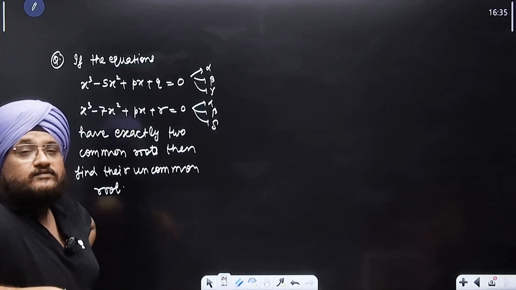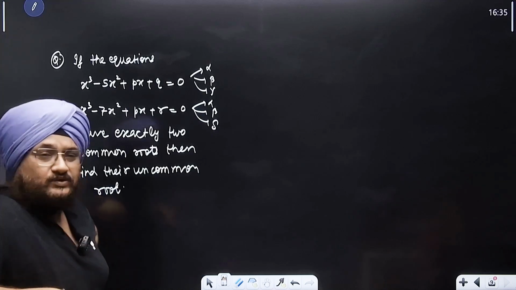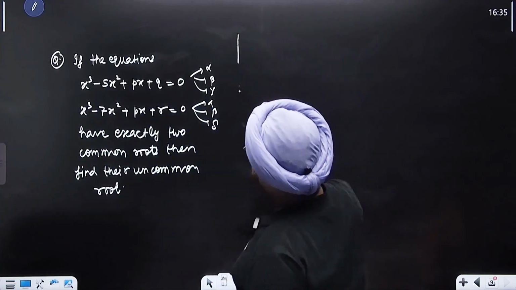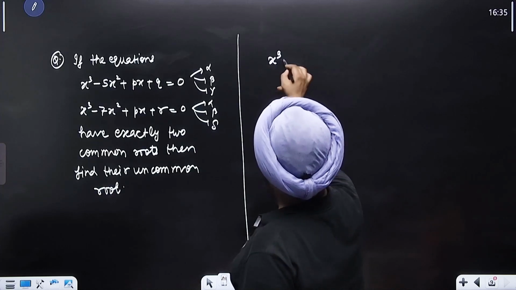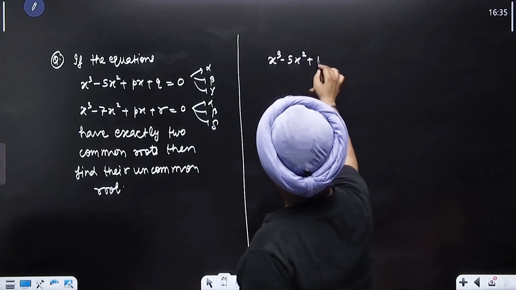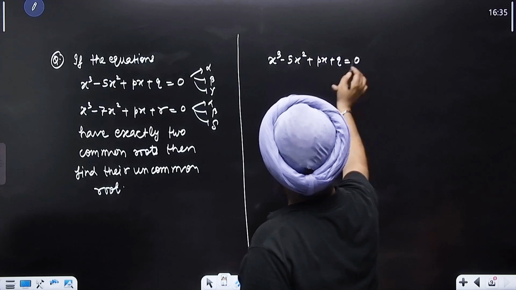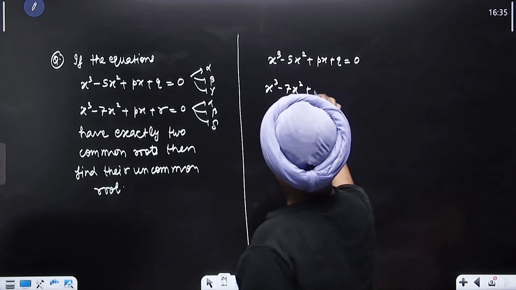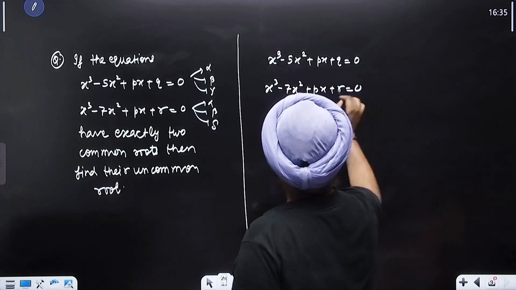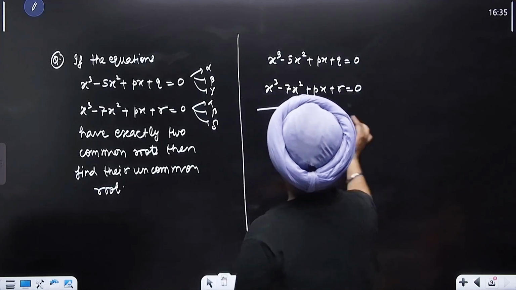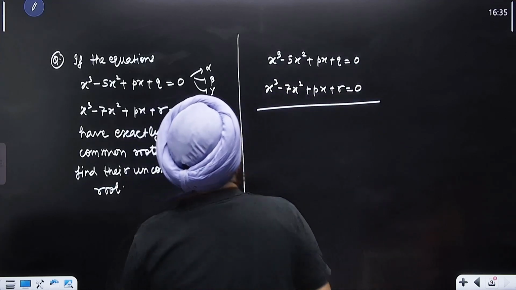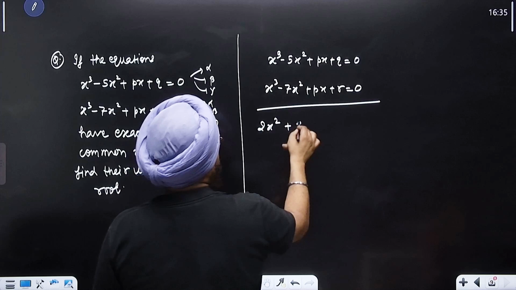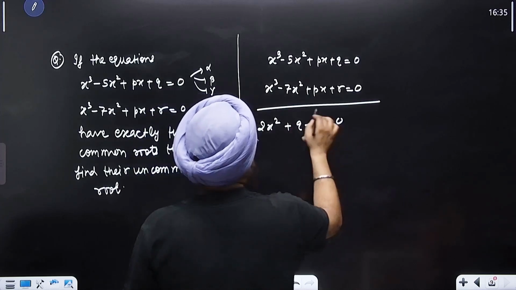These two equations have exactly two common roots, so we can simultaneously solve these two equations. If we subtract, we get 2x² + q − r = 0.